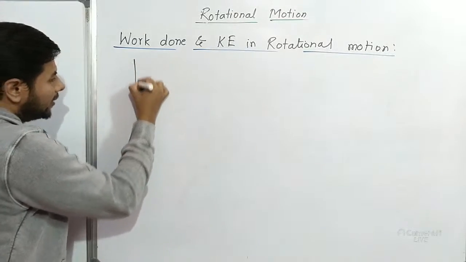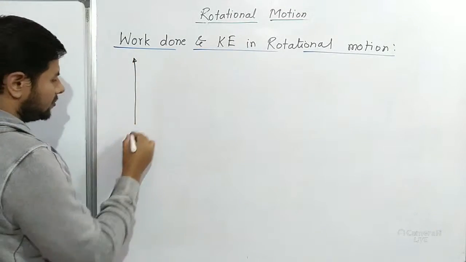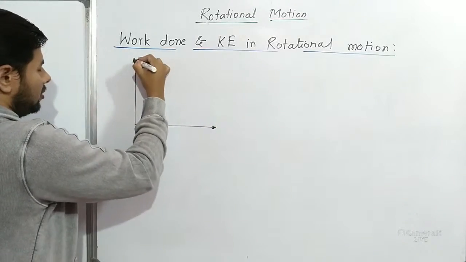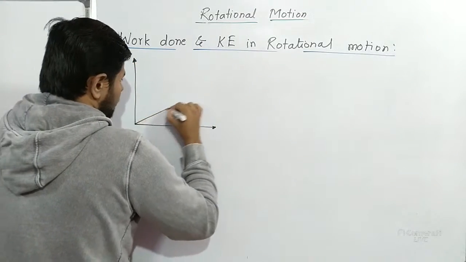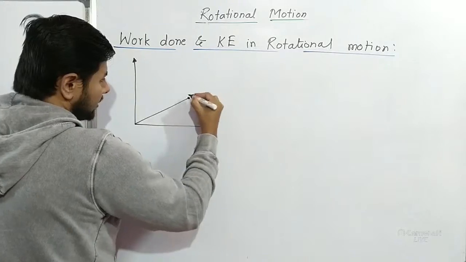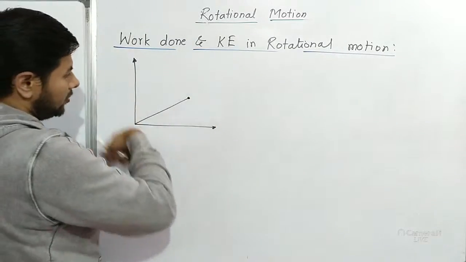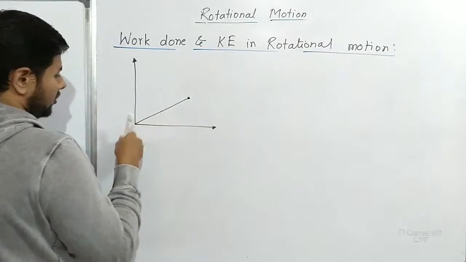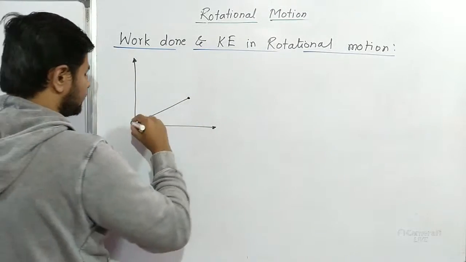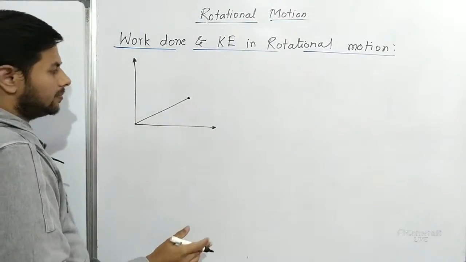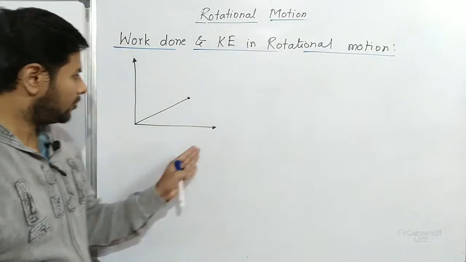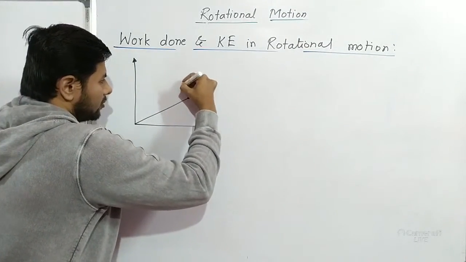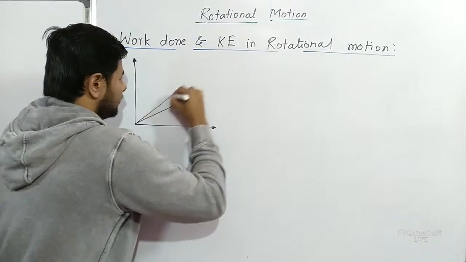Let's suppose we have this particle which is performing circular motion about this axis, and in some time the particle goes from this point to some other point, let's say this point.